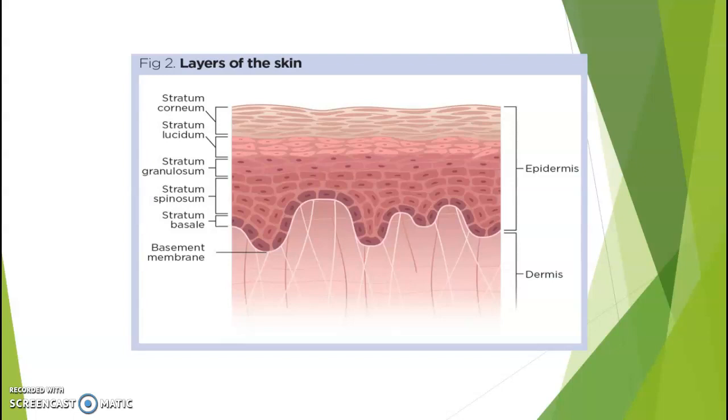The third is the stratum granulosum, also known as the granular layer. Fourth, the stratum spinosum, also known as the prickle cell layer. Lastly, the stratum basale, also known as the germinative layer.